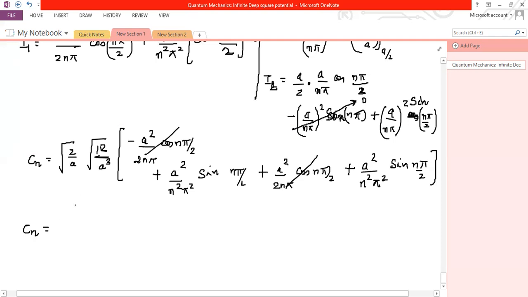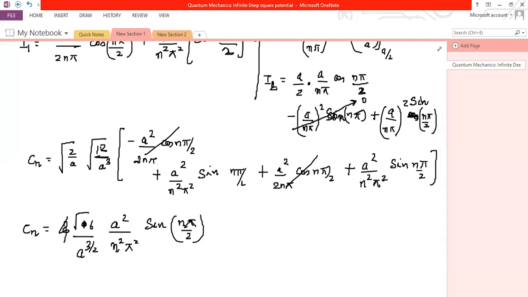So this is 4 into 6, this is 2 root 6 now. And these give me again 2. So 4 root 6 upon a raised to power 3 by 2. And simply I'll get a square upon n square pi square sine of n pi upon 2. Now we have to think about what sine of n pi upon 2 can give us.